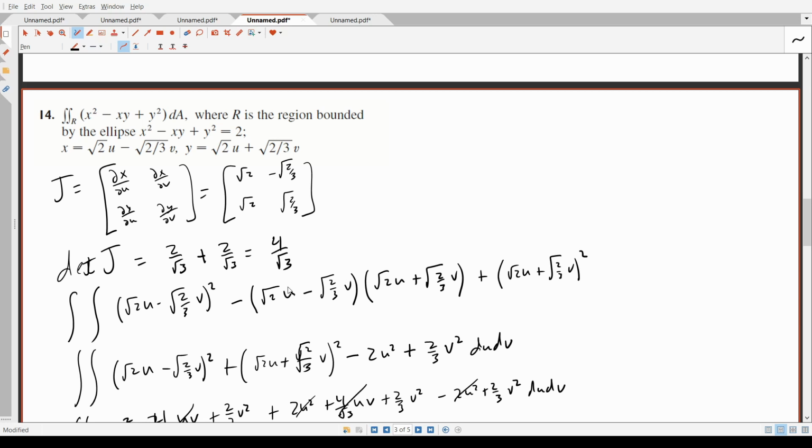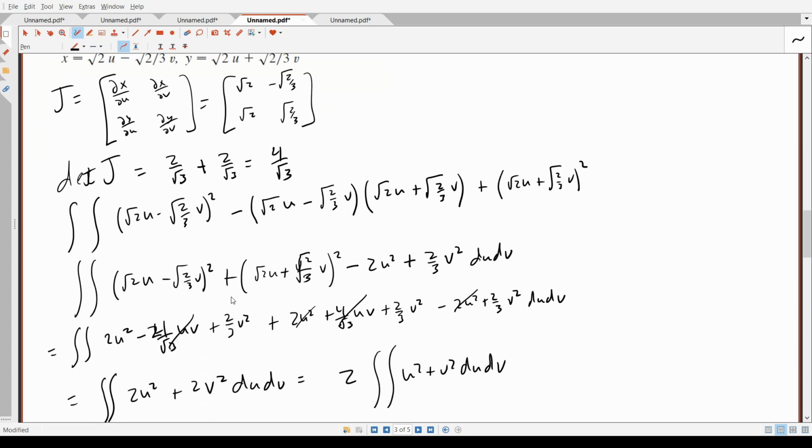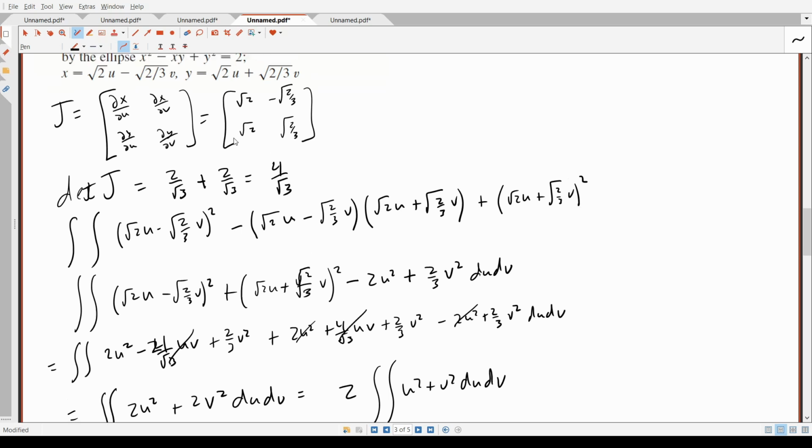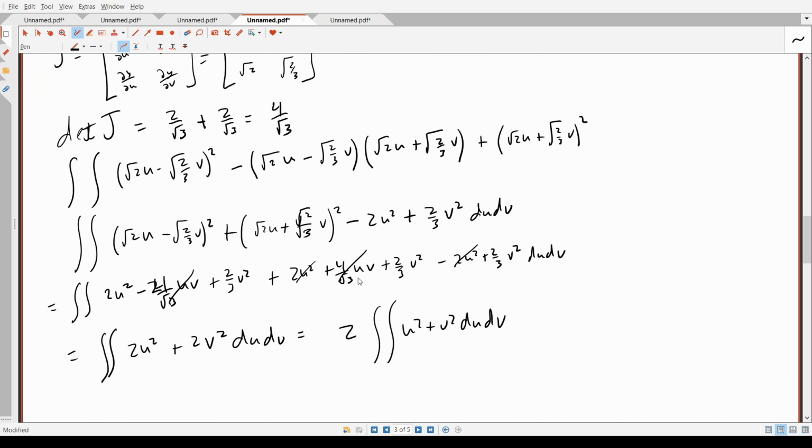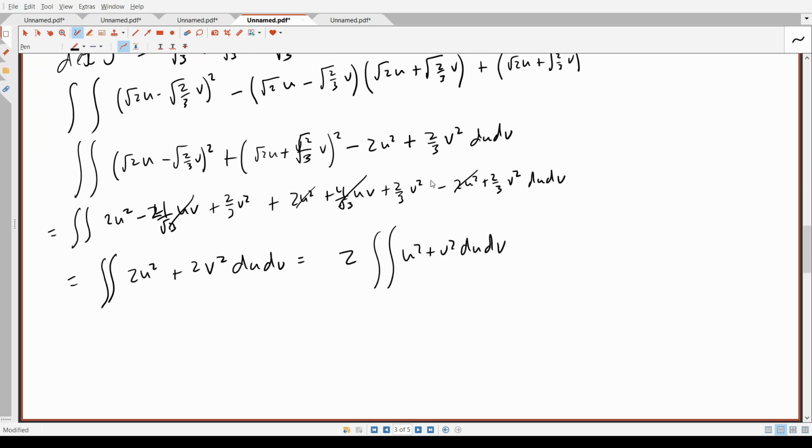So I can actually copy all of this work that I did expanding. So this thing is going to simplify, x squared minus xy plus y squared equals 2, right? So this is exactly what I had in here.